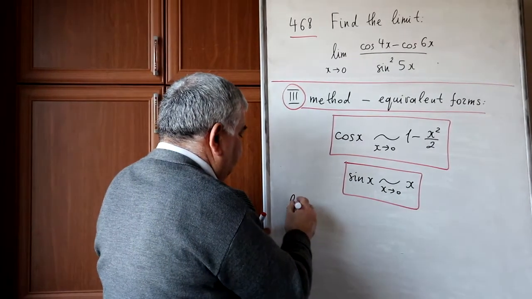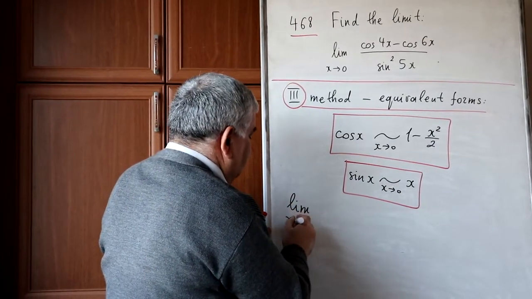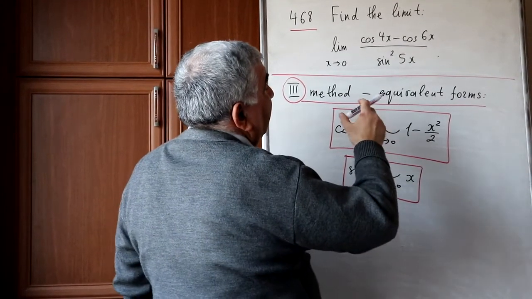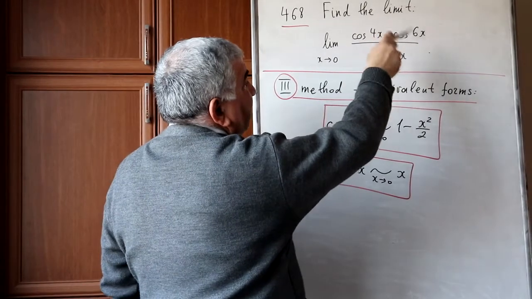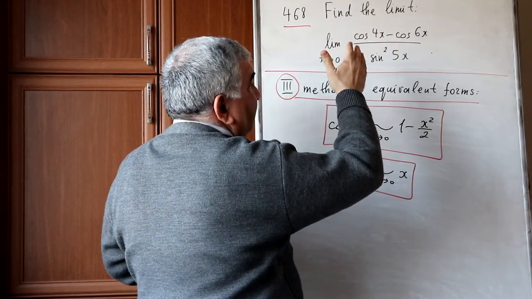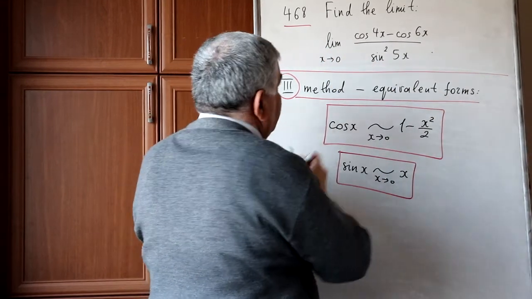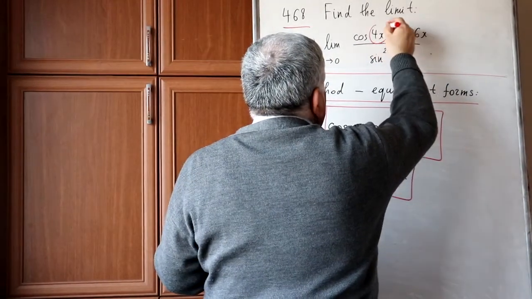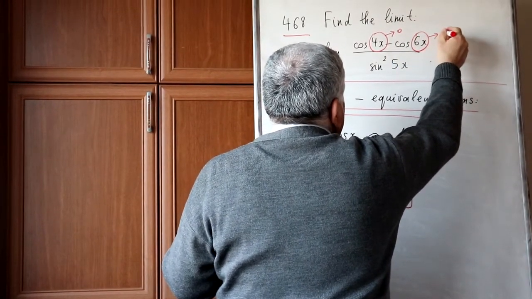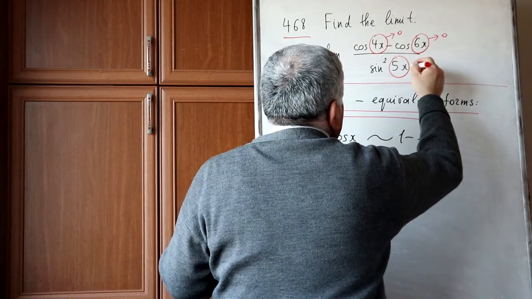Rewrite the limit when x tends to 0. If x tends to 0, then also 4x, 6x tend to 0, and 5x tends to 0.